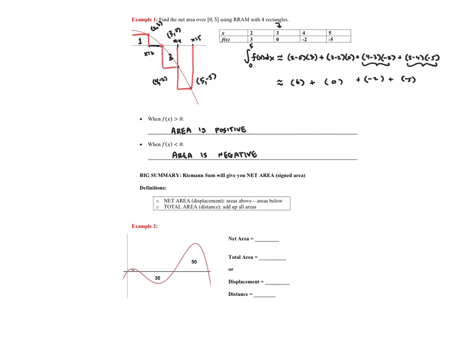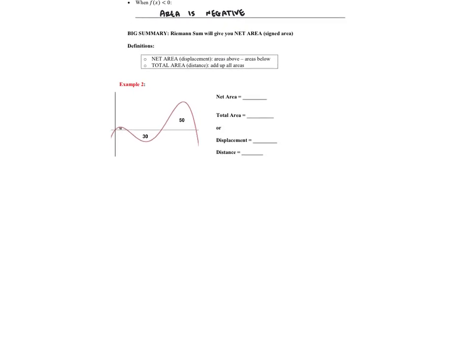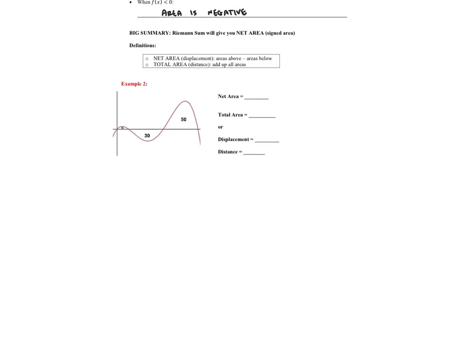Okay, let's look at another example down here. A big summary that we talked about in our last lesson was the difference between displacement and total distance. So displacement is the same as a net area, and total area is the same as total distance. Okay, so if we were to take these three spaces, right, we were to integrate from, let's say, x equals 0, we'll call this x equals a, x equals b, and x equals c.